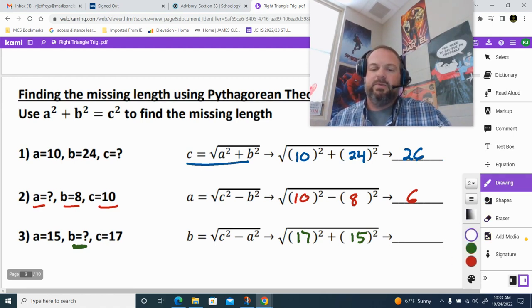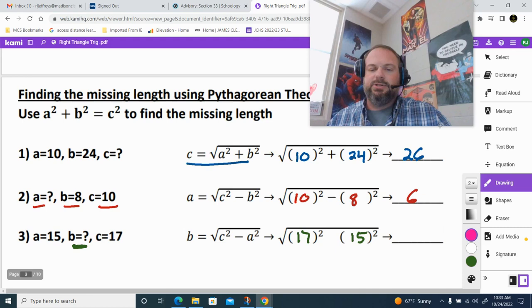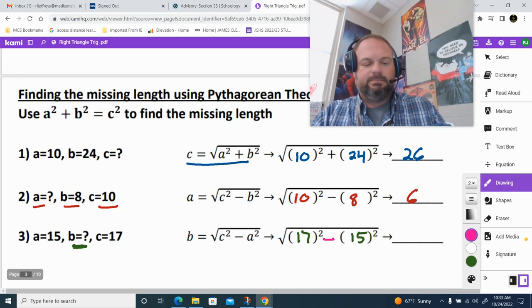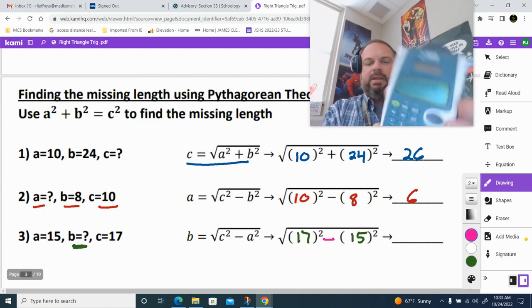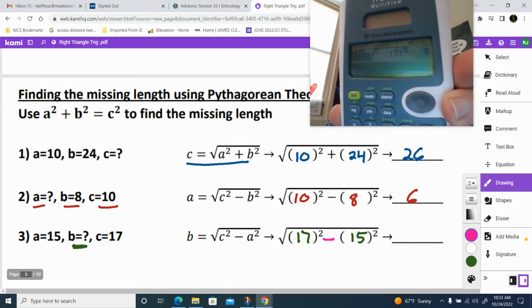We can't have good lessons without a typo for Mr. Jeffries. It's supposed to be subtract. All right, and we would get 8.